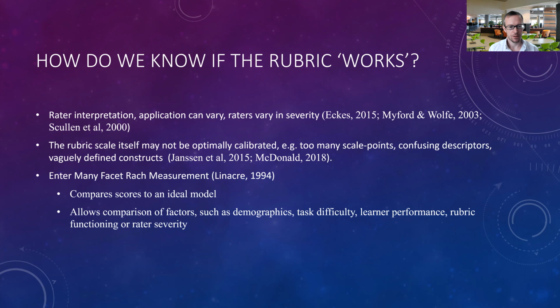So if we do have such a scenario, then Many Facet Rasch Measurement is something that can help us to identify these types of problems. It doesn't help us to solve them, but it can help us to identify where the problems lie. Basically, it compares the scores awarded to an idealized statistical model and shows how well the rubric might be functioning.